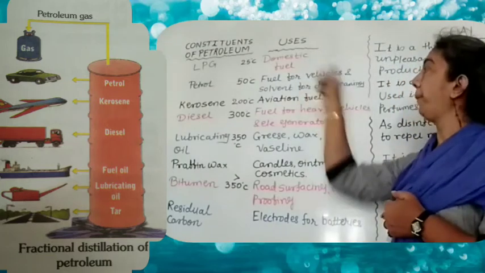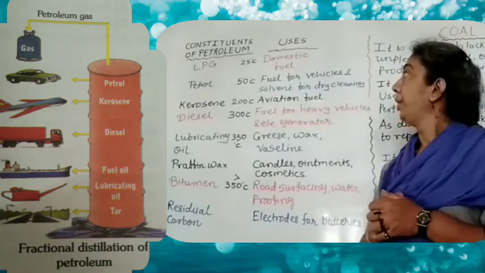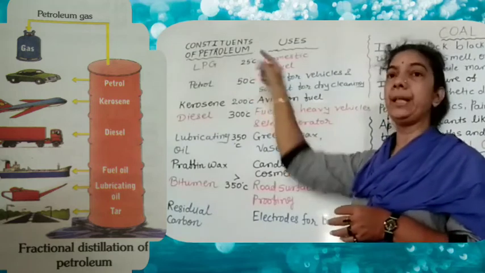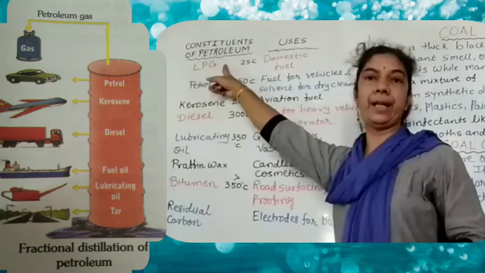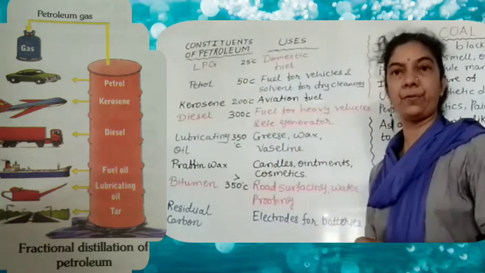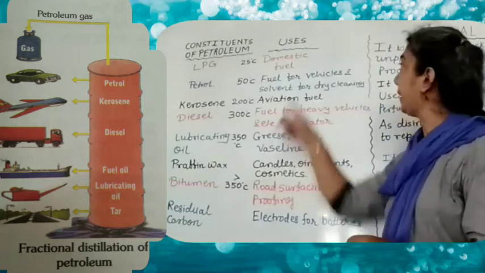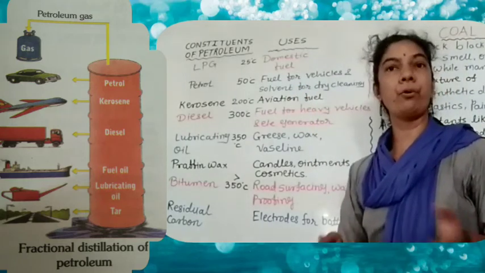And at the top, we will get the gases as I told just now. So, almost at about 25 degrees Celsius, we will get the liquefied petroleum gas, which we are saying as LPG, and that is used as domestic fuel for cooking the food.